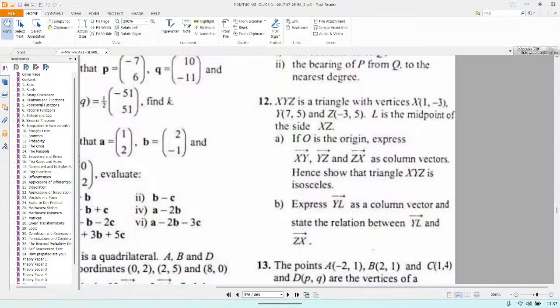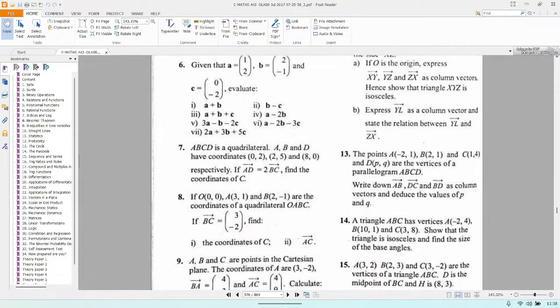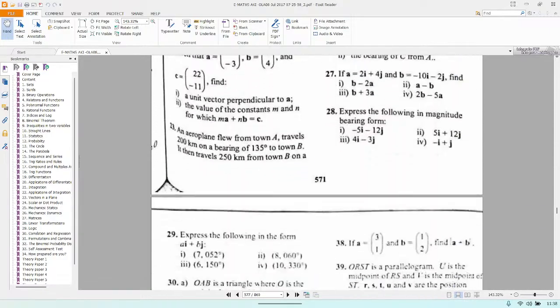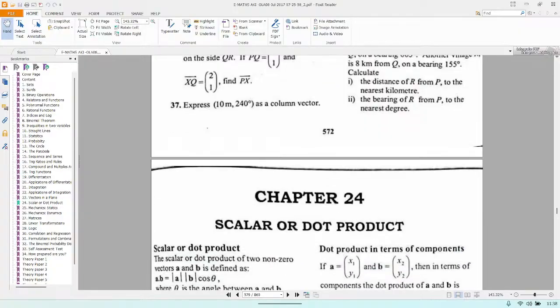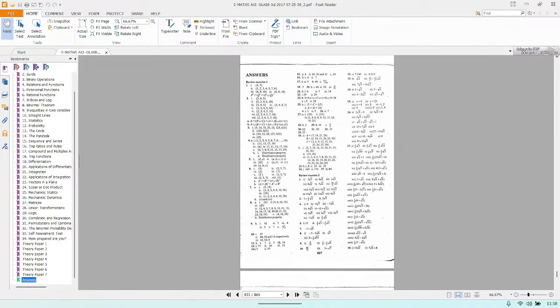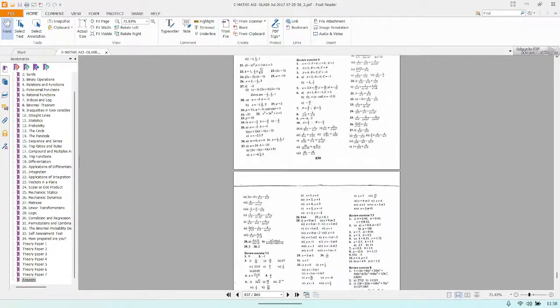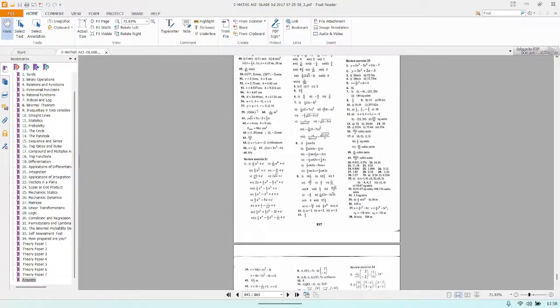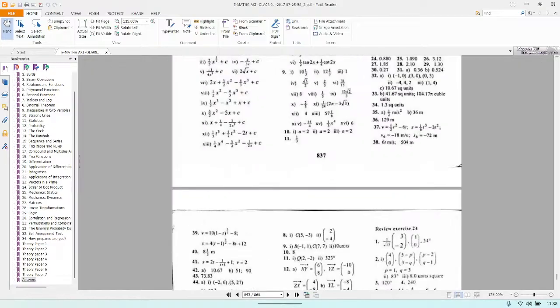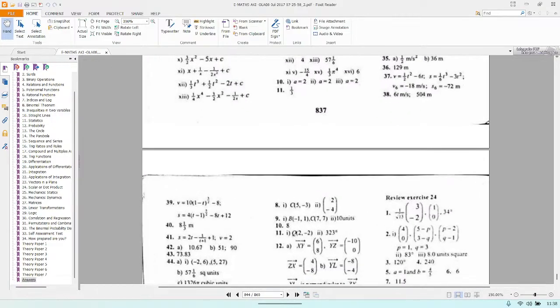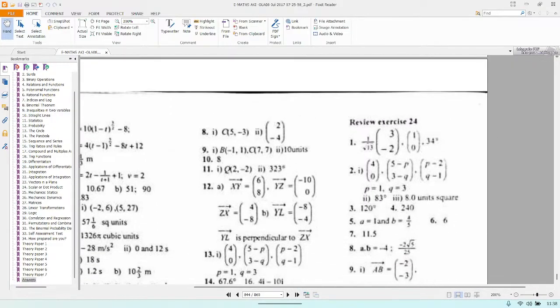That's question 12. Y is perpendicular to ZX?